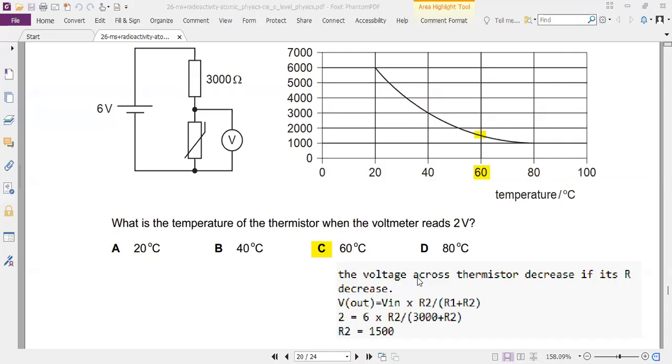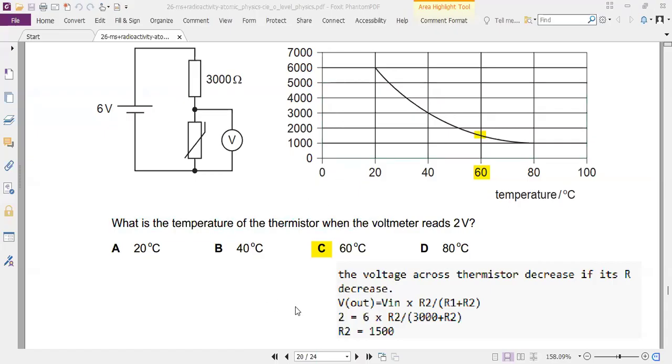And for a thermistor, if the temperature of the surrounding increases, the thermistor's resistance will decrease. And this is shown by this graph.